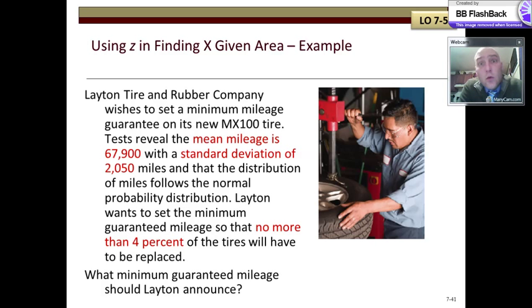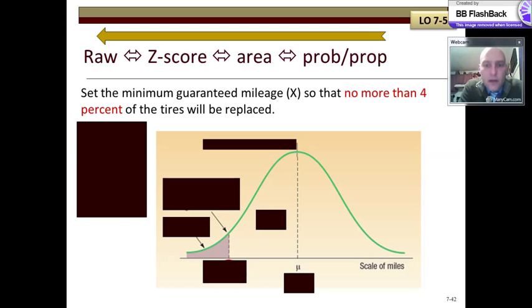So what I do is I write the process. In this case, it's raw to z to area to probability, backwards, and draw the picture. Here's the picture. In this case, we're going this way. We need to set the minimum guaranteed mileage so that no more than 4% will be replaced.